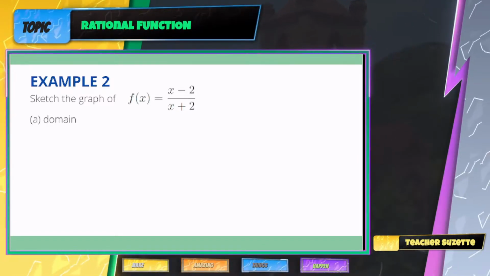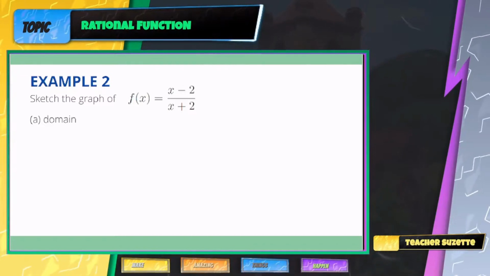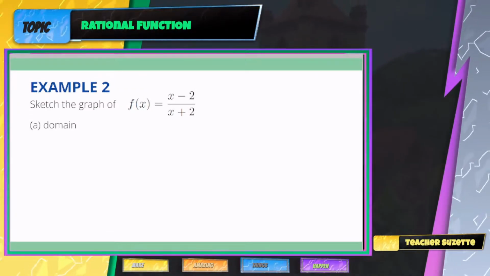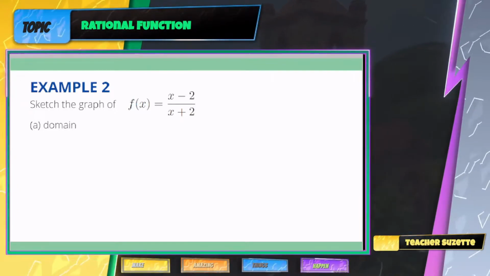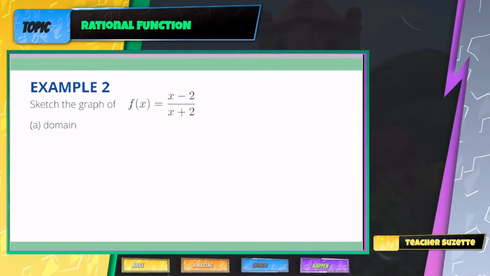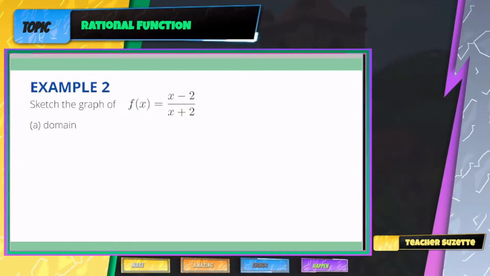Let's try to sketch the graph of f of x is equal to x minus 2 over x plus 2. To sketch the graph of this f of x, let's first identify the domain. As you all know, any values could be input in your function.